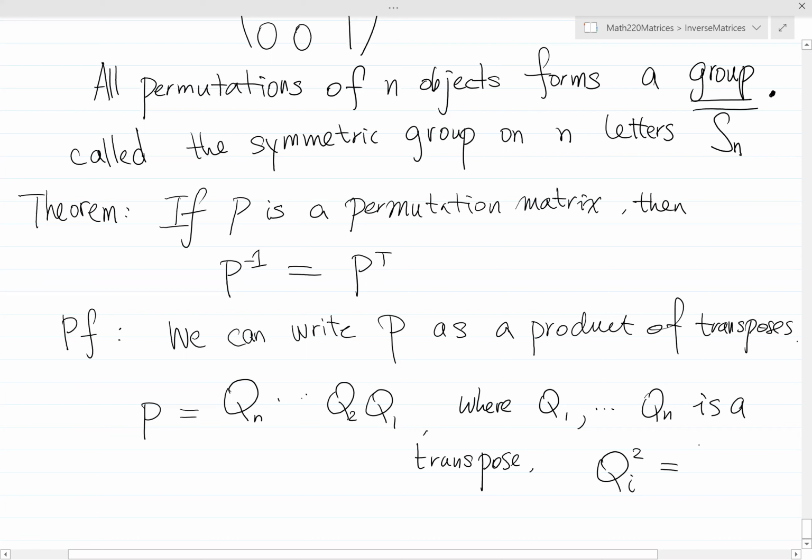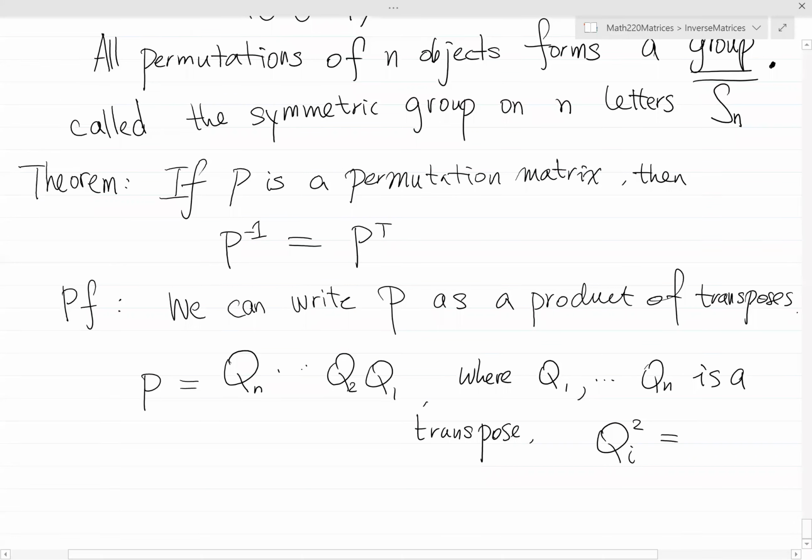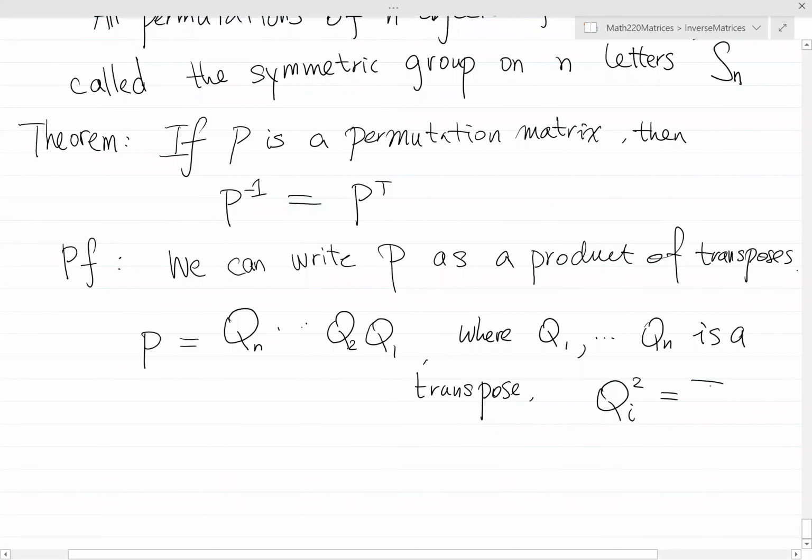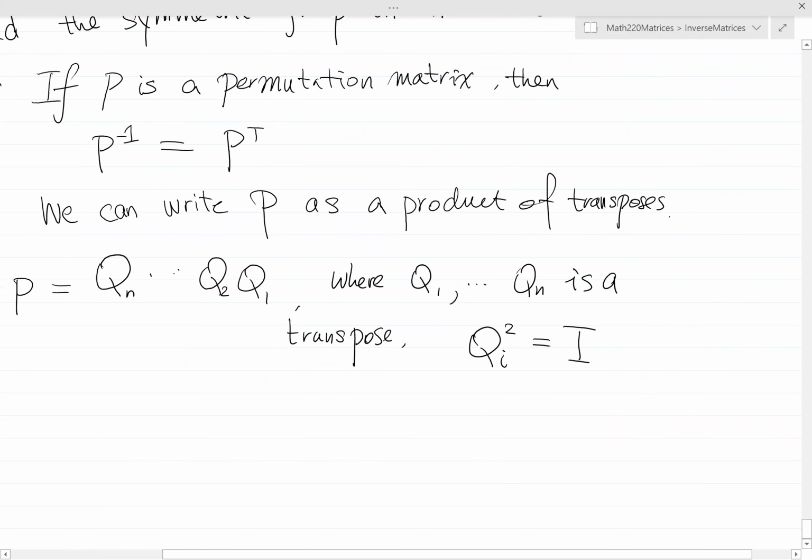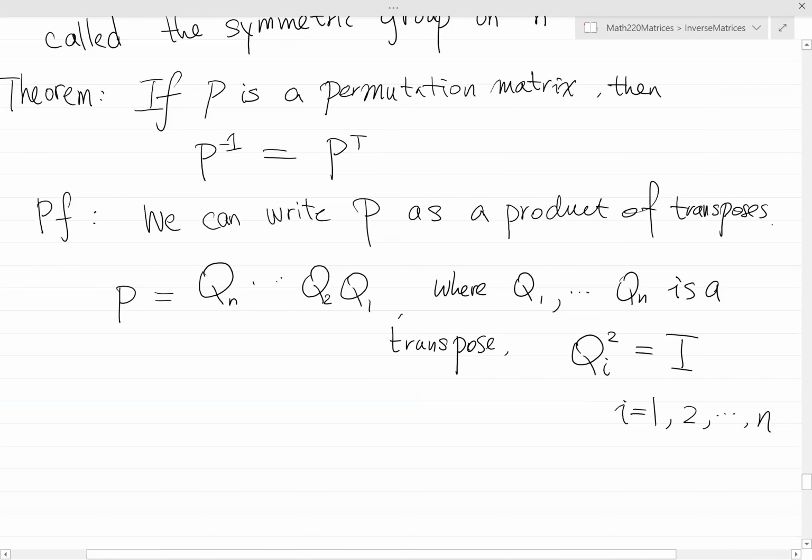If you switch 1 with 2, then do it again, switch 1 with 2, nothing changes. So identity, okay? If we do it twice for a transposition, this will be the identity, nothing is changed. I equal to 1, 2, 3, all the way to n. Then you see P inverse.